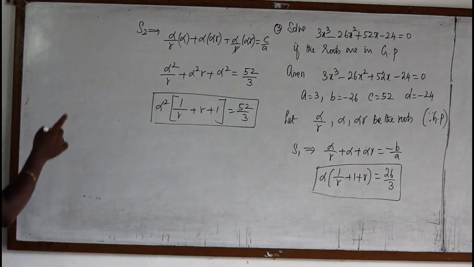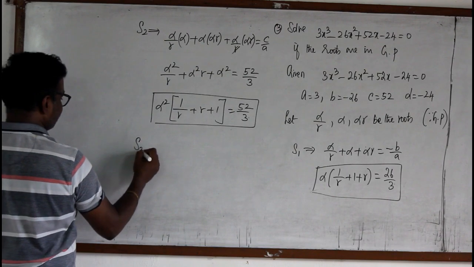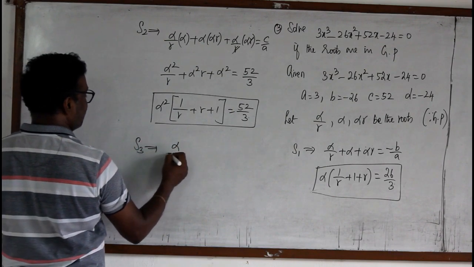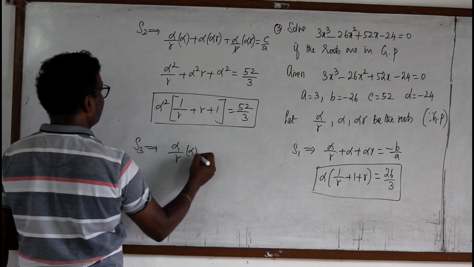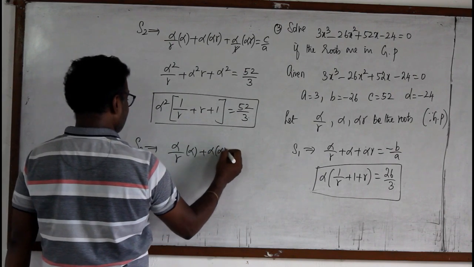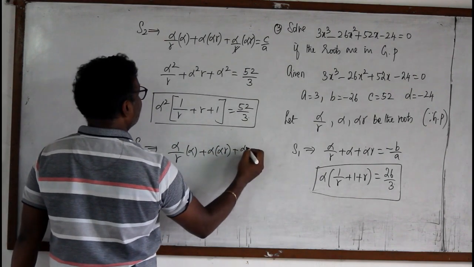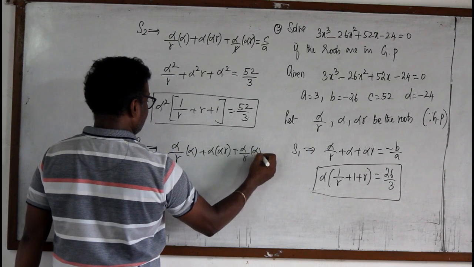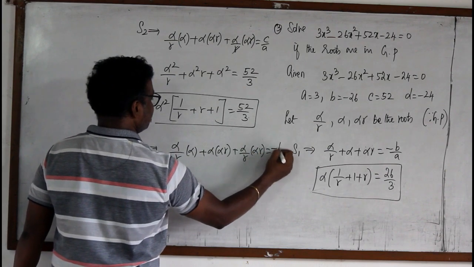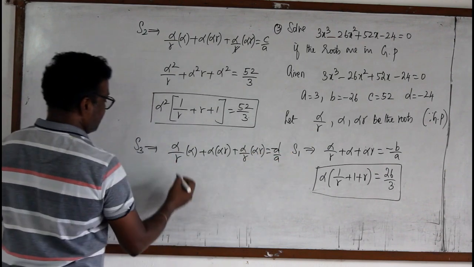Now, I'm having two relations. We should go for S3 also. S3 is alpha by r into alpha into alpha r, that is minus d by a.